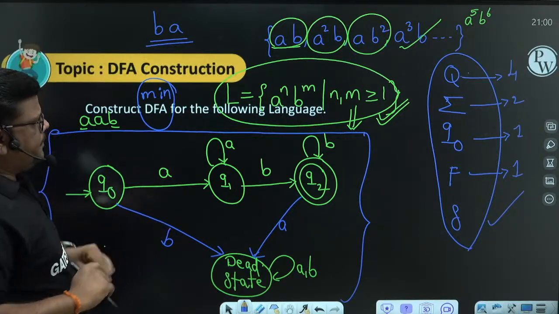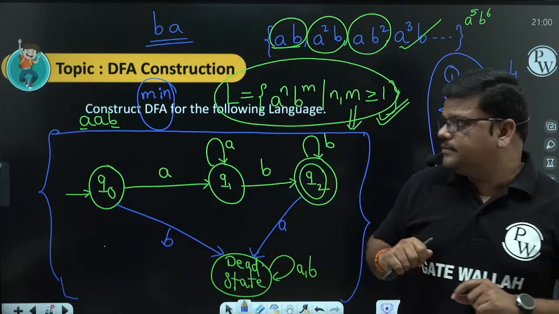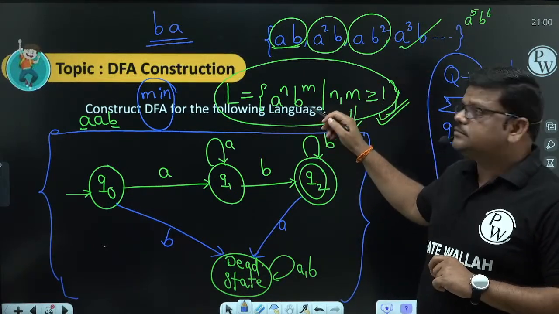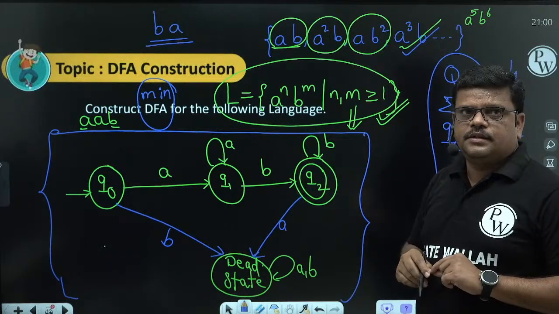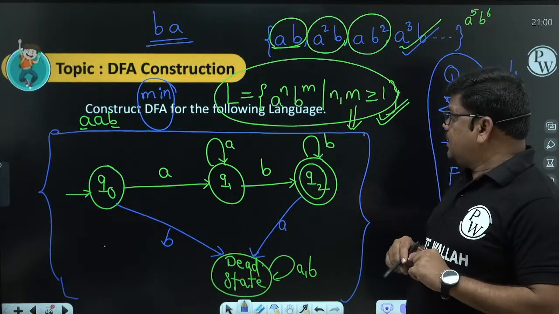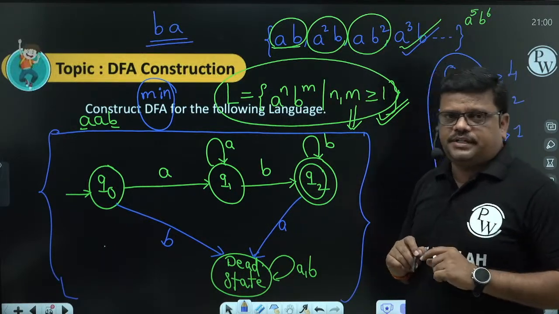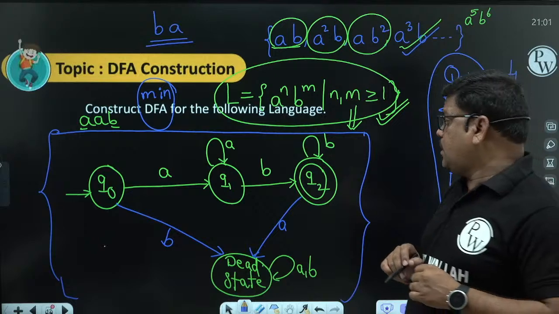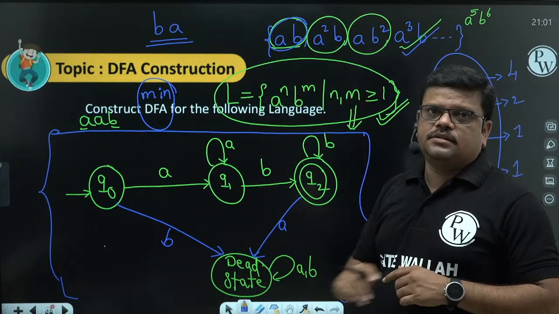Anyhow, this is the way. Let me explain once again how I constructed. First, from the given language, generate strings. Start construction of the DFA from one initial state. Take one initial state, slowly start constructing. How do we construct? Take one string, accept.